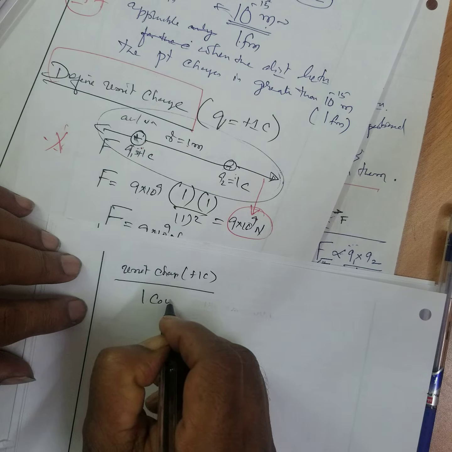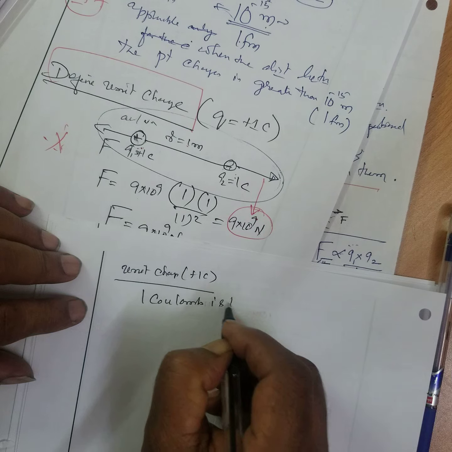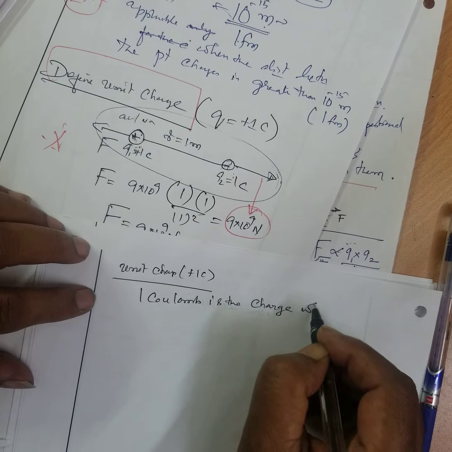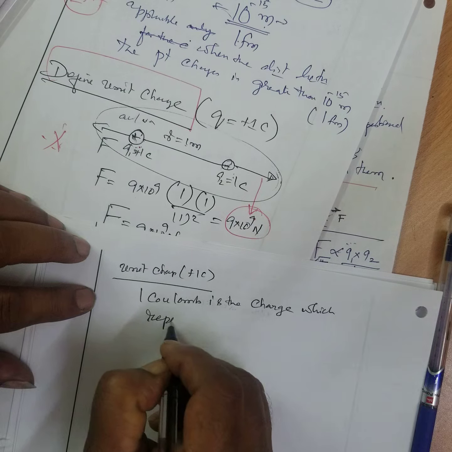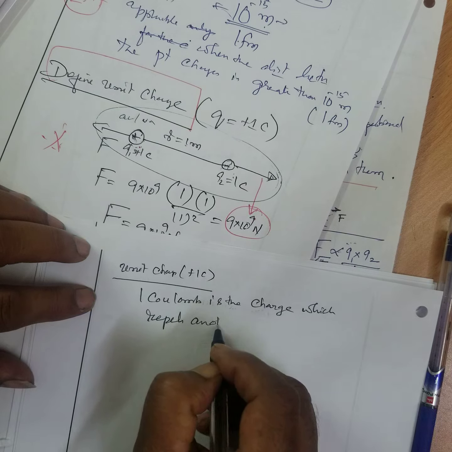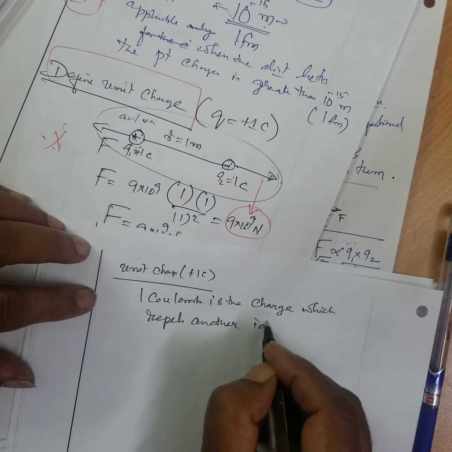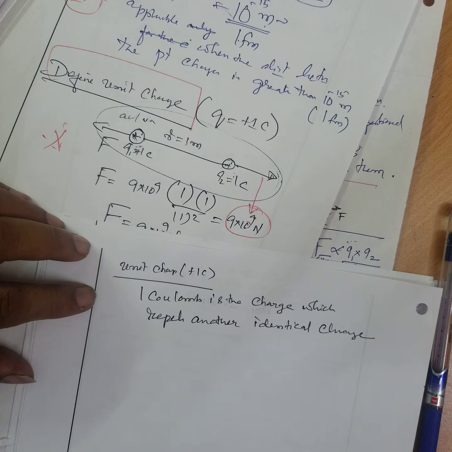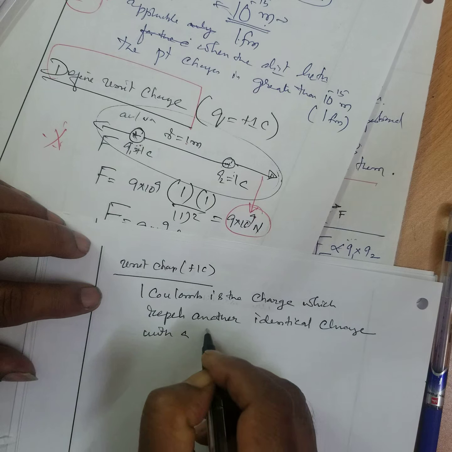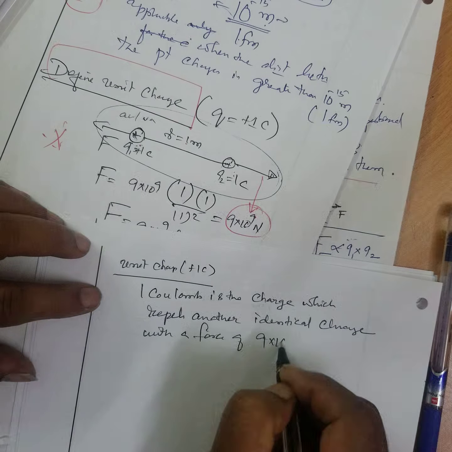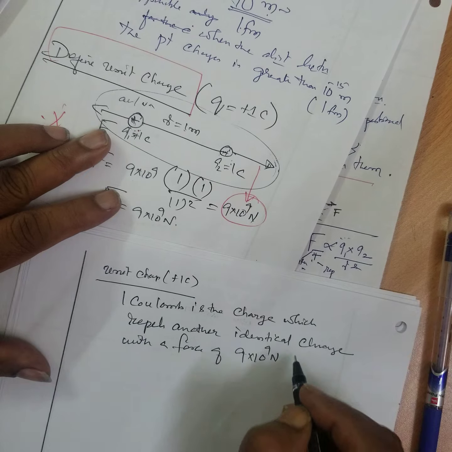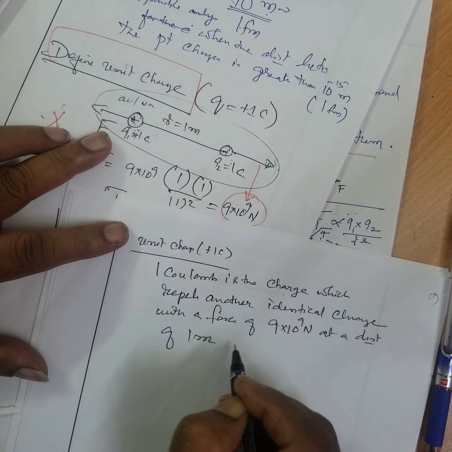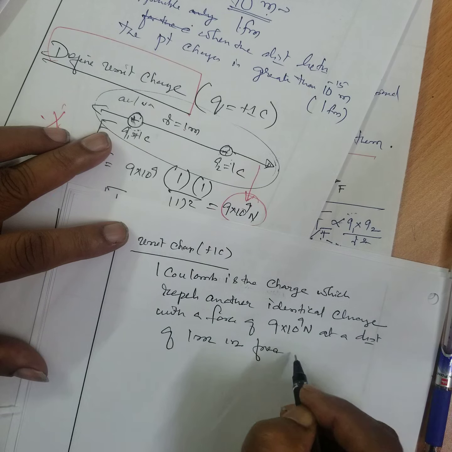1 coulomb is the charge which repels another identical charge with the force of 9 into 10 to the power of 9 Newton at a distance of 1 meter in free space.